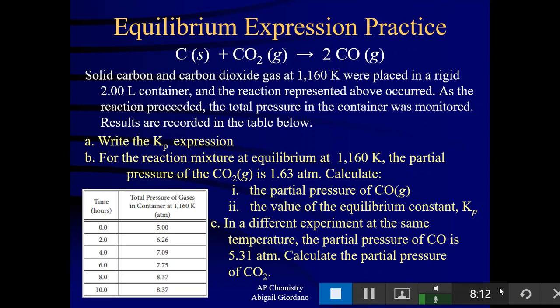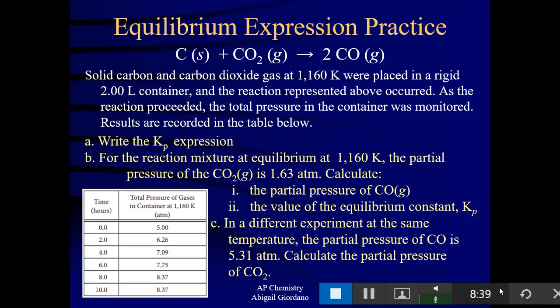Where has equilibrium been established? I'm looking at the total pressure of gases in the chart, and it looks to me like at the time of 8 hours is when equilibrium has been established. How did I know that? Because look, from 8 hours to 10 hours, the pressure remained the same. So that's an indication that equilibrium has been established.